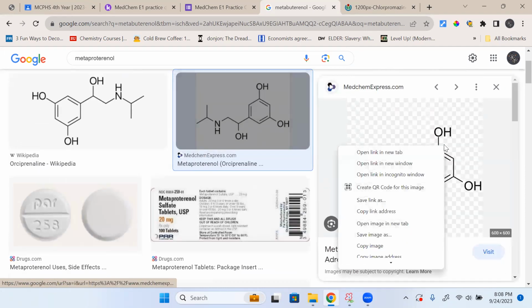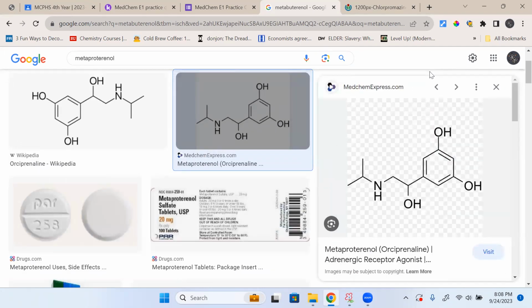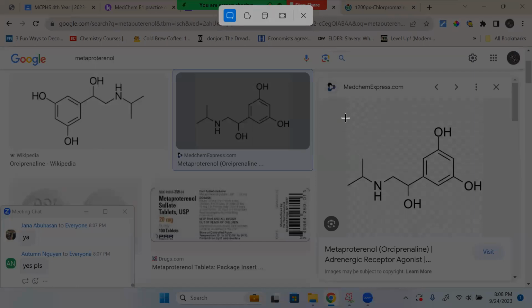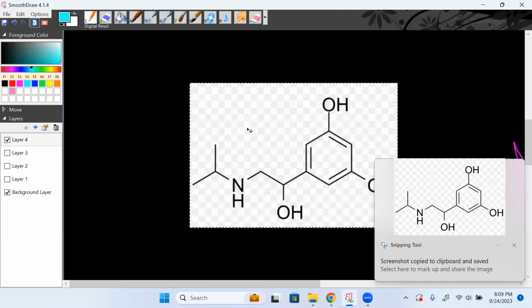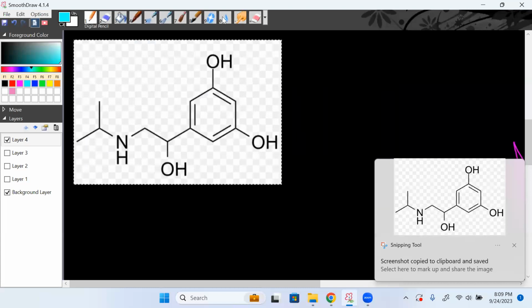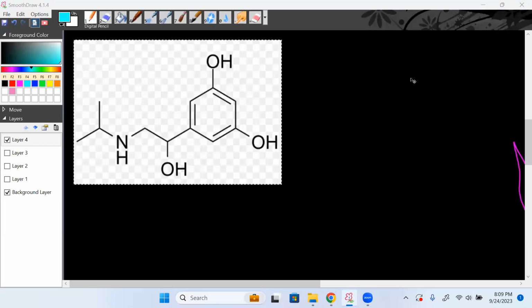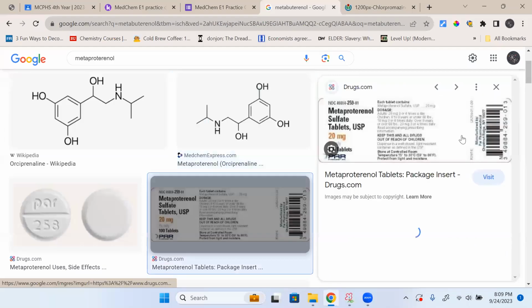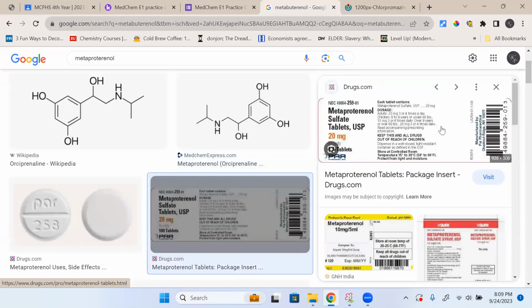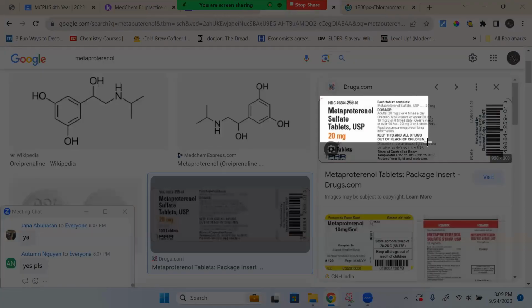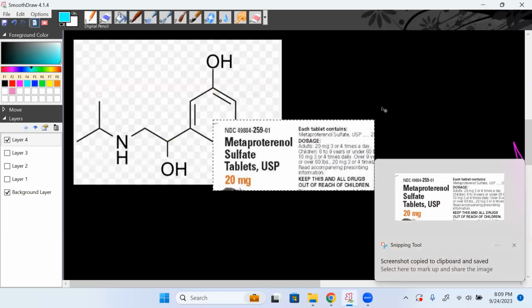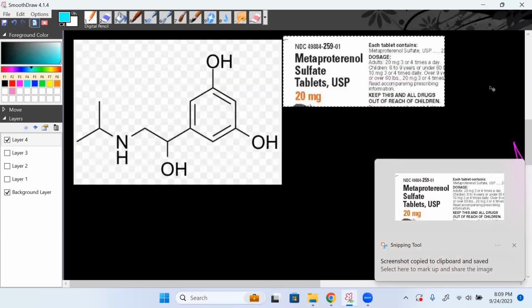I'm gonna do this. And what I am also going to grab is this label. So here we have metaproterenol.